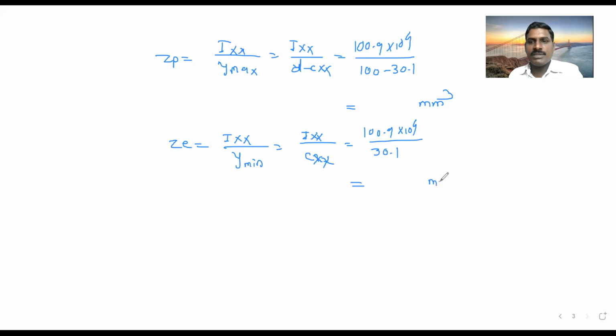So how much are these values ZP and ZE? Please do the calculations. Value of ZP is 14,434.90.